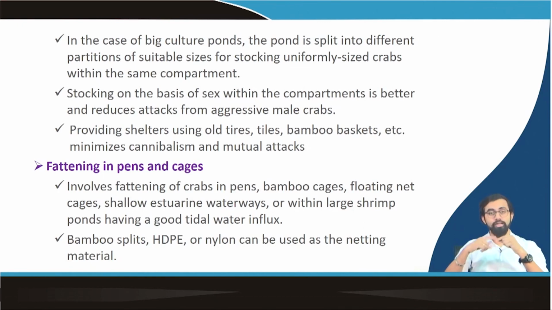Because it involves the fattening of the crabs in pens and bamboo cages, or floating net cages, in shallow estuarine waterways, which we can call a pen, or within large stream ponds having good tidal water influx. Bamboo splits, high density polyethylene or nylon can be used as a netting material.